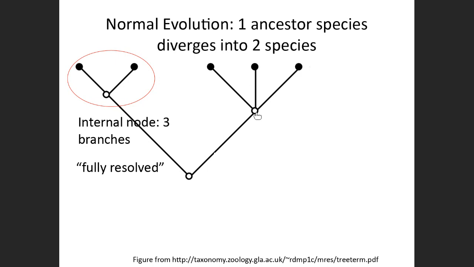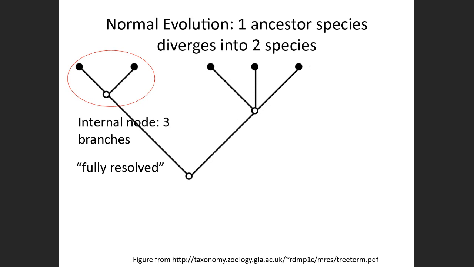We say that it's not fully resolved because when species diverge, let's say that this is a speciation event, normally one species will diverge into 2. It won't be one ancestor diverging into 3. It could happen, but biologists think that it happens much more often that one ancestor species will give rise to two different species, not three.